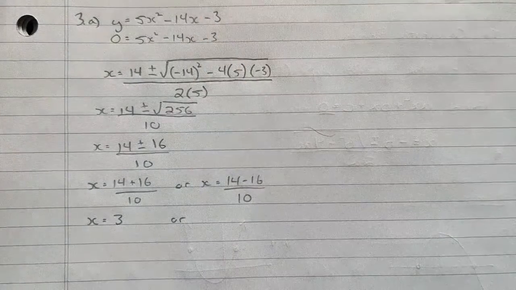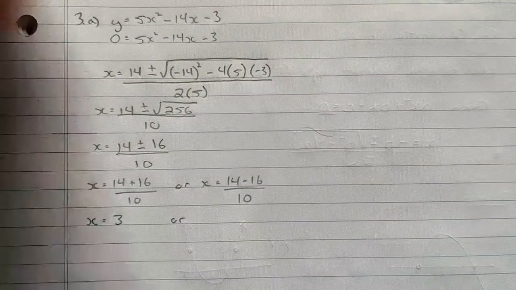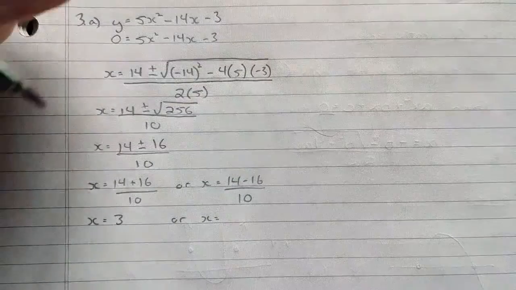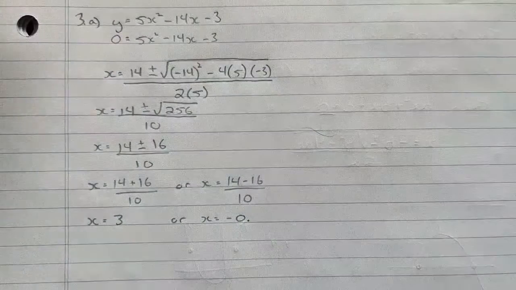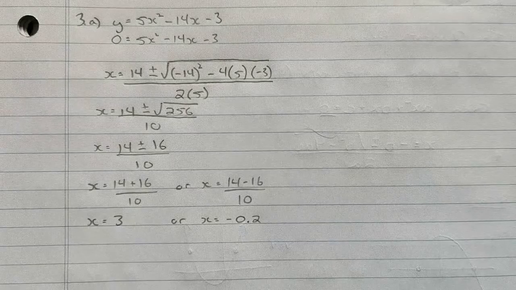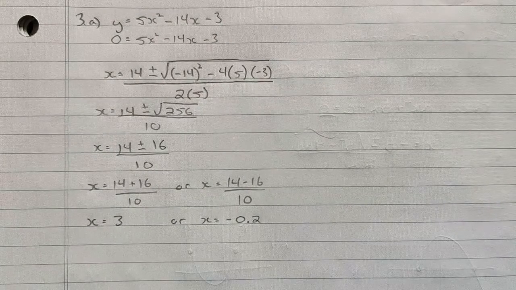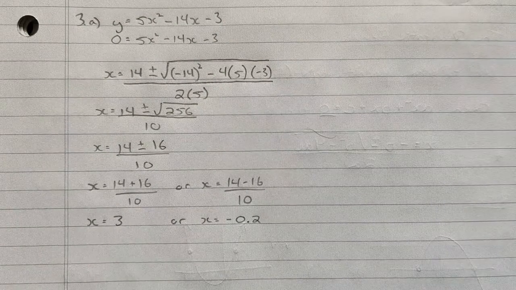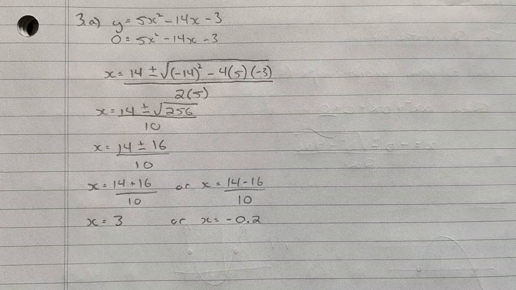Or 14 minus 16 gives us negative 2, and negative 2 divided by 10 gives us negative 0.2.